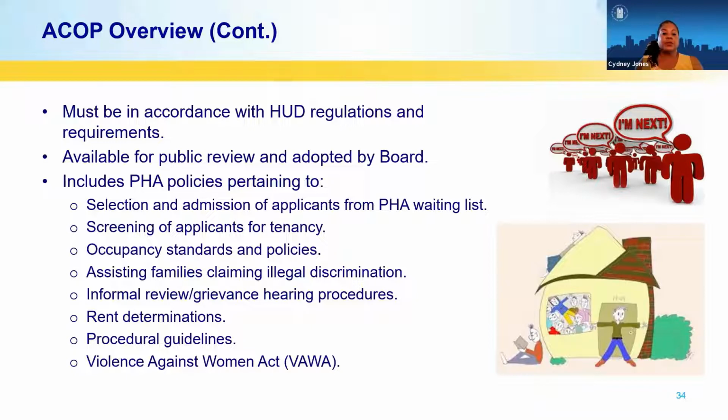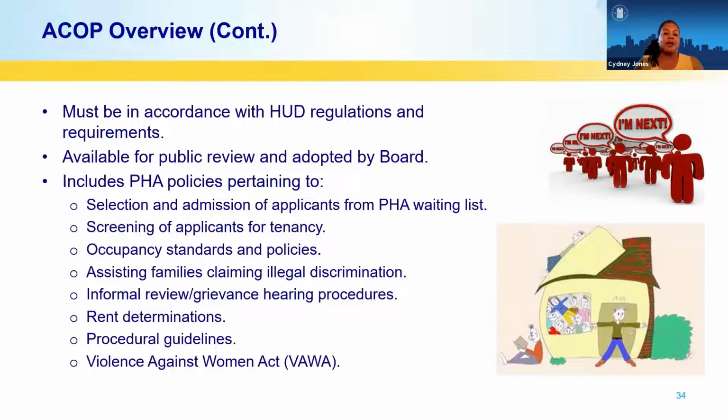Your ACOP includes PHA's policies that pertain to selection and admission of applicants, how we're going to screen families to move into public housing, the occupancy standards and policies, what size unit is a family eligible for. We have to tell families how to file a discrimination complaint. We have to have informal review and grievance hearing procedures for families that disagree with the housing authority's decisions.